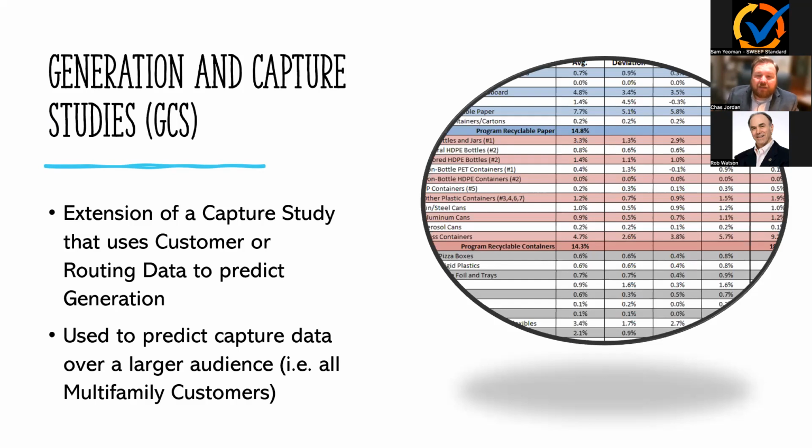This type of study is used to estimate the effectiveness over a larger segment of the stream. So the one we've been utilizing this most for and may be useful to you is multifamily customers. Typically multifamily customers are collected either through a residential system or a commercial system and are hard to segregate and really focus generation rates on just those types of customers.